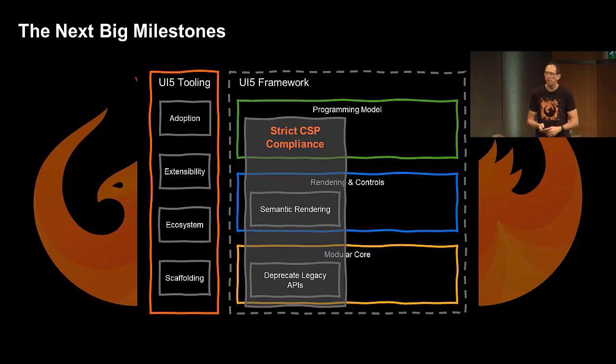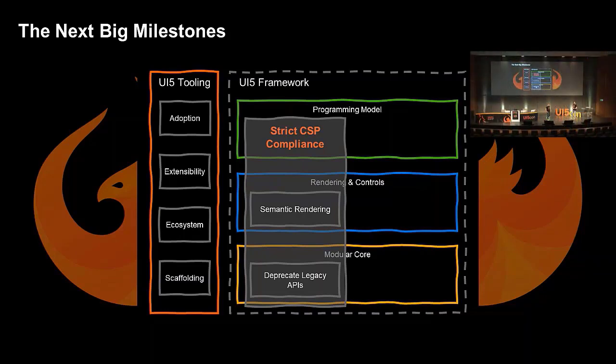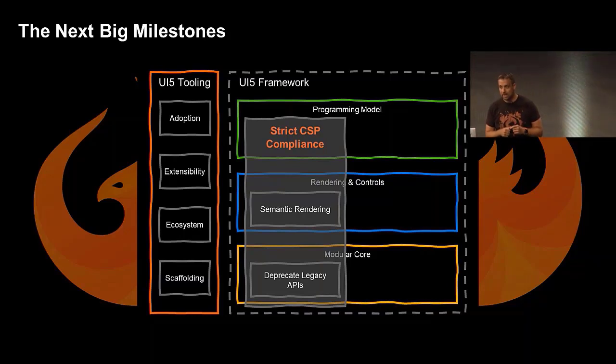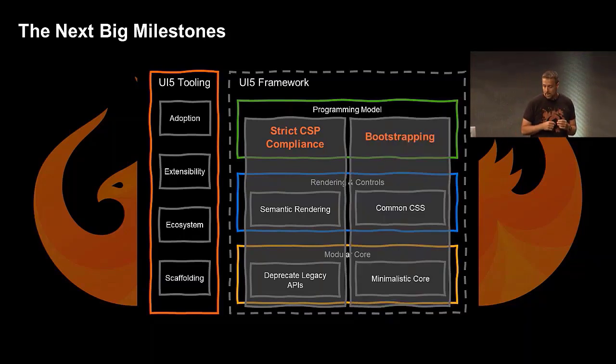We also had a discussion on GitHub, on an OpenUI5 issue, on this inline style topic, but with semantic rendering we have now found a solution for how to make that possible. The other topic, which also comes from our heart, is to make the bootstrapping of UI5 comparable to others. Here we have a lot of pieces already available under the hood; we just need to combine them properly.